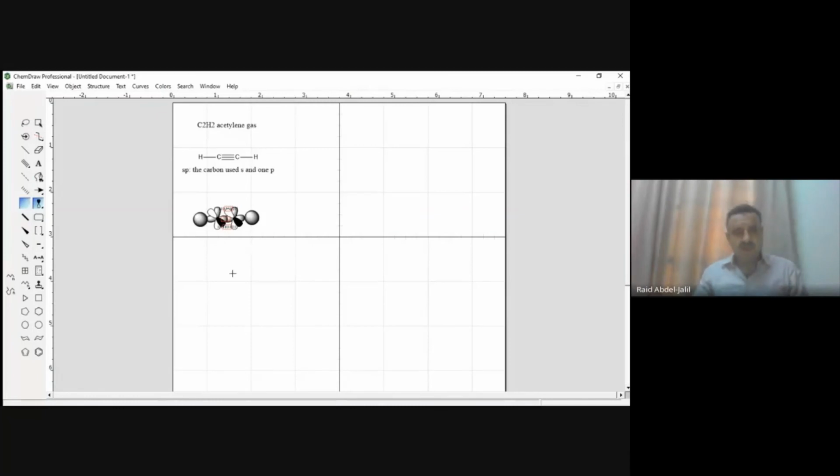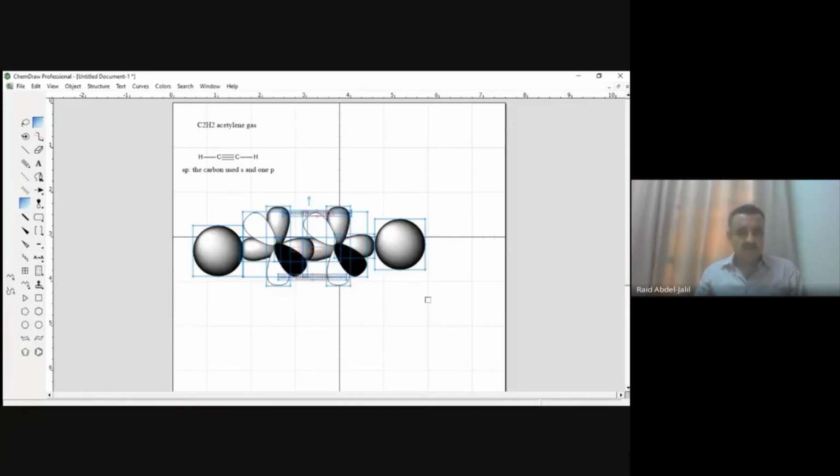Now, if you can see it here, this is actually the real picture of what you will see for this molecule. So between any two carbons here, there are three bonds.